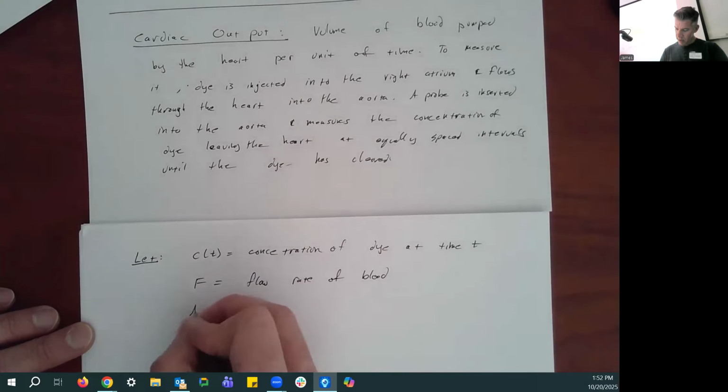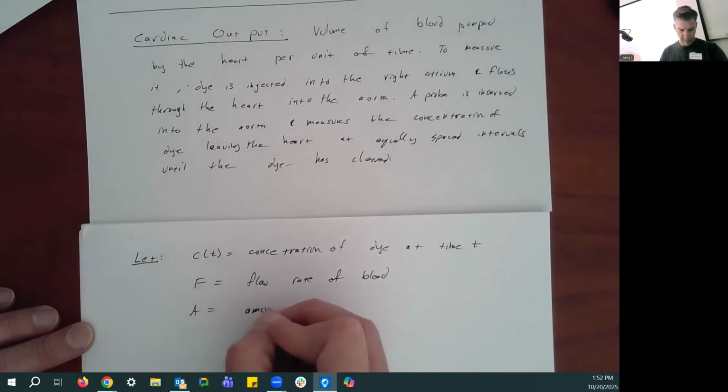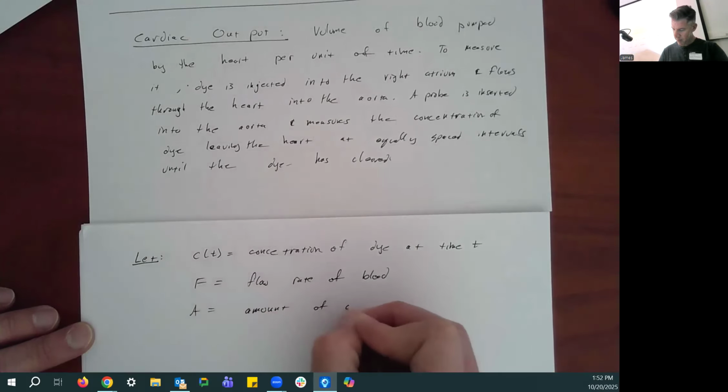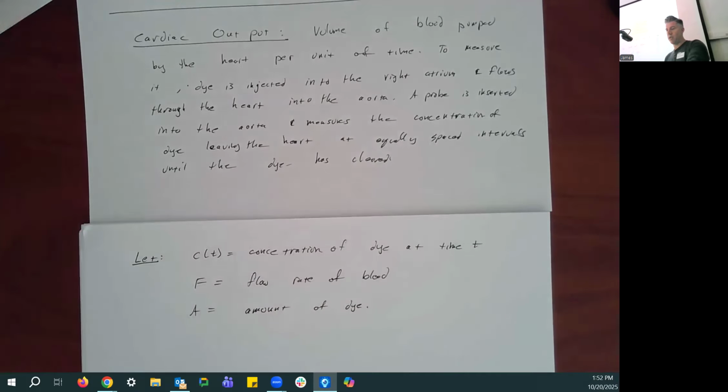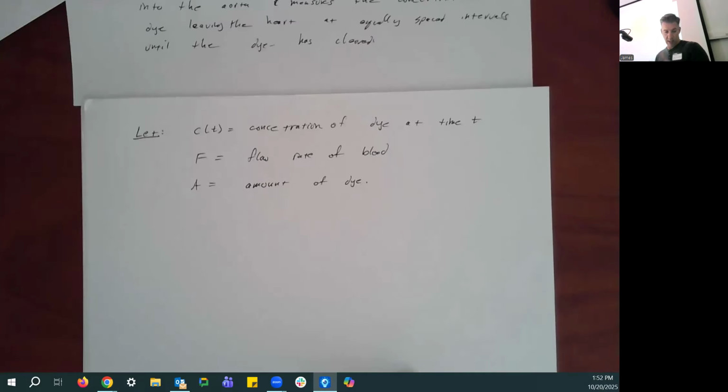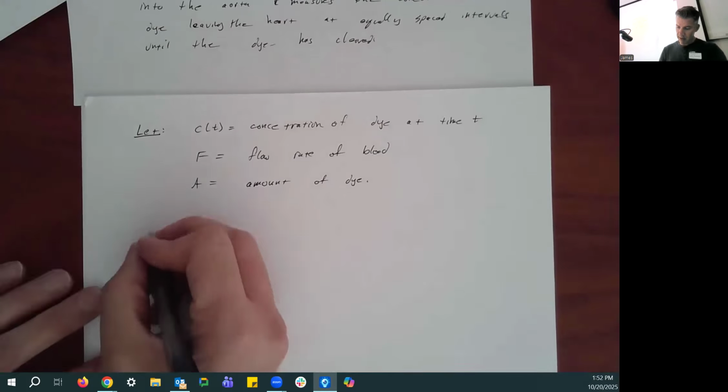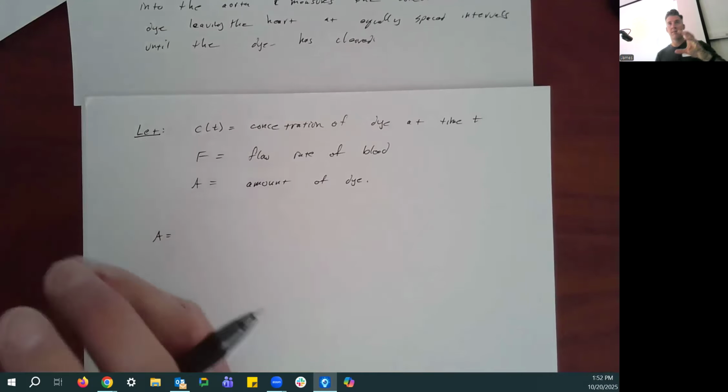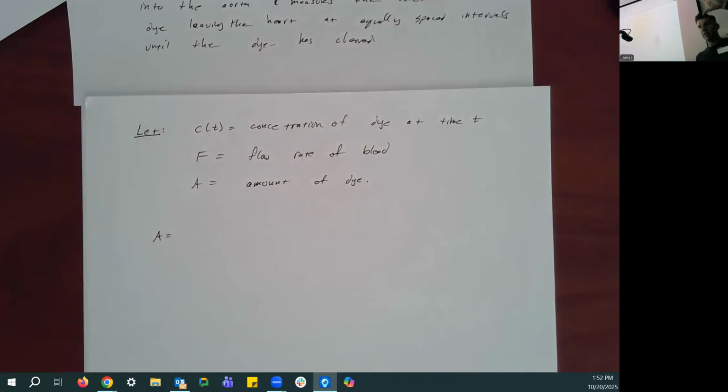And A is going to equal the amount of dye. So here's the calculation that makes sense to me. The amount of dye is going to equal essentially the concentration multiplied by the flow. So the concentration at this time multiplied by the flow for that time interval, plus the concentration at another time multiplied by its flow, and so on and so on and so on.